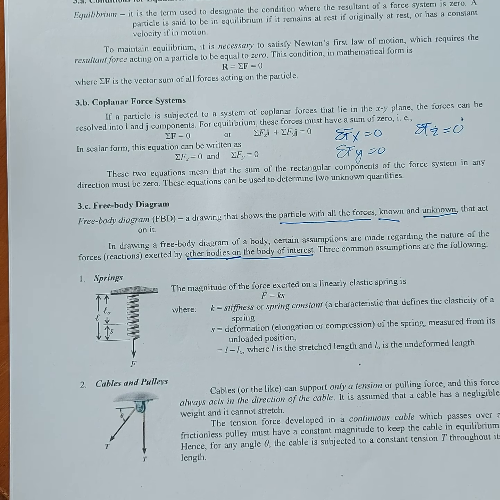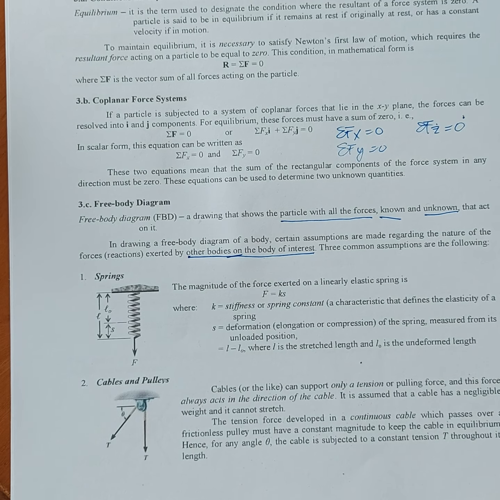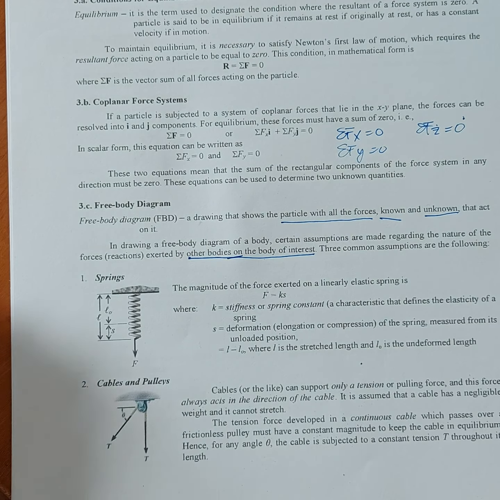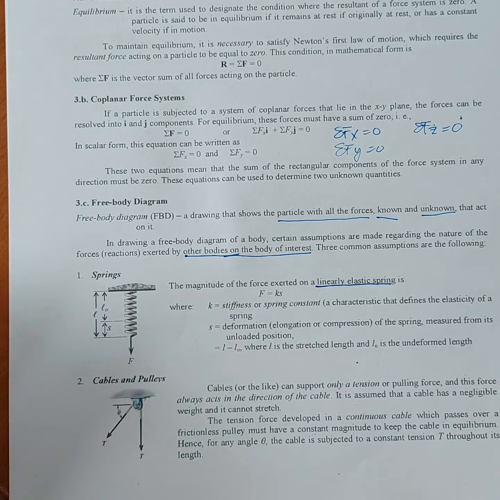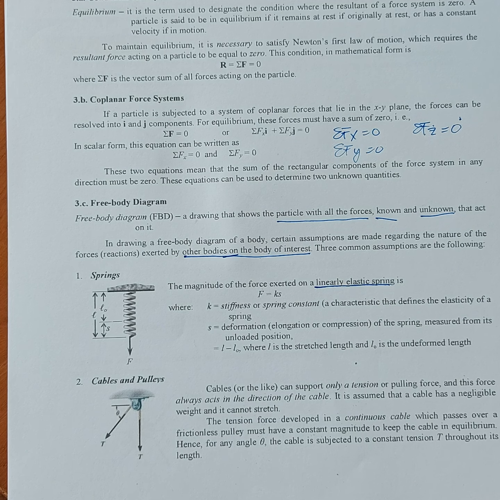So the magnitude of the force exerted on a linearly elastic spring. Take note, this is basically an assumption. Linearly elastic spring, which means that the elongation of the spring, elongation or compression, kasi the spring might elongate, it might also be compressed, no?